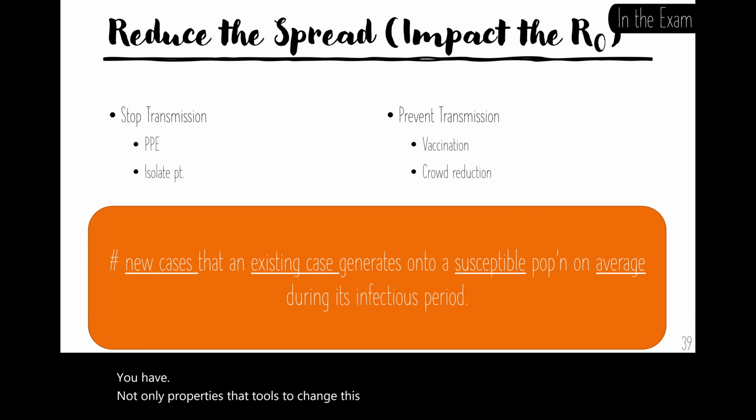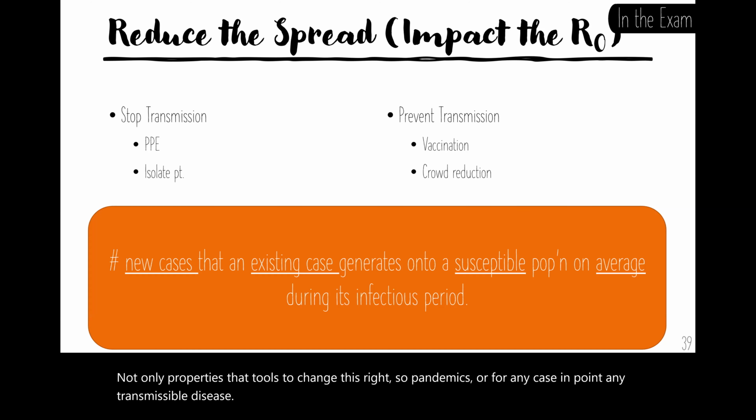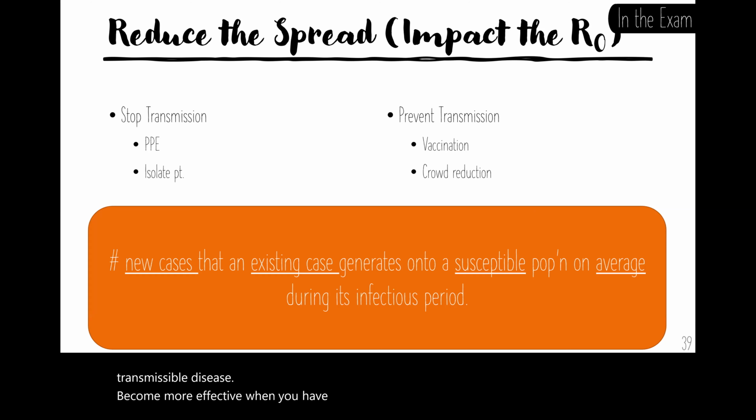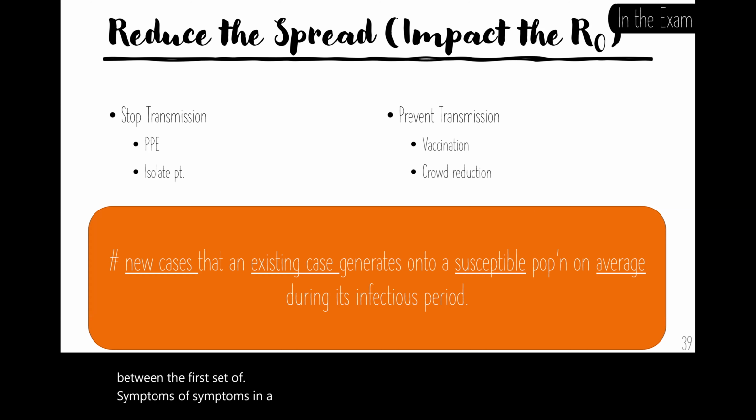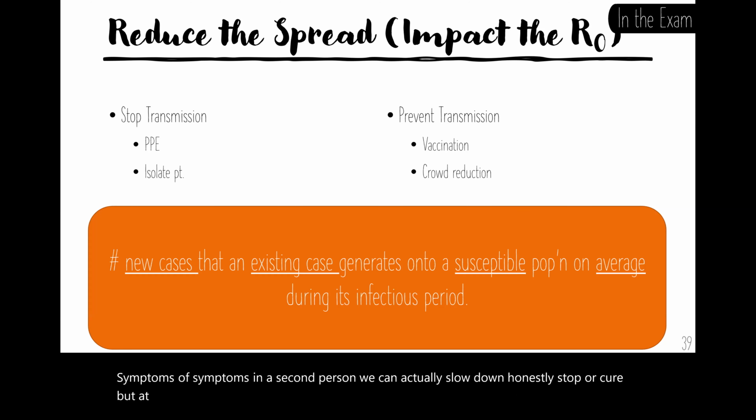So pandemics, or for any case in point, any transmissible disease, become more effective when they have a shorter or lower serial interval and a higher basic reproduction number, or R naught. So logic would tell us that if we can increase the serial interval, meaning we can increase the time between the first set of symptoms to the next set of symptoms in the second person, we can actually slow down, not necessarily stop or cure, but at least slow down the progression of the disease.